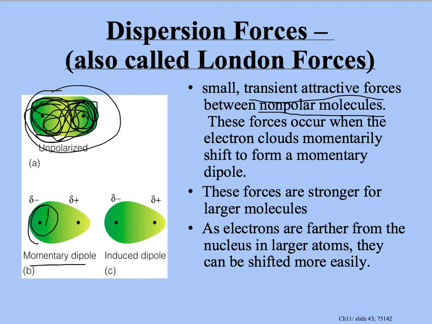The majority of the electrons have been shifted over to this side, giving it temporarily a partial negative charge on that atom, and leaving this side with a partial positive charge. Because this molecule now has a momentary dipole, it will affect a neighboring molecule. This partially positive side is going to attract the electrons from the neighboring molecule, and they'll shift over, which causes what we call an induced dipole, meaning that it's being caused by something else.